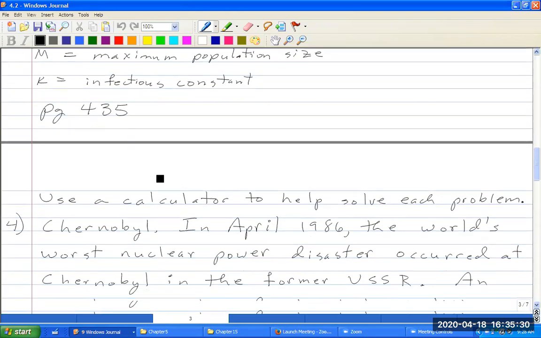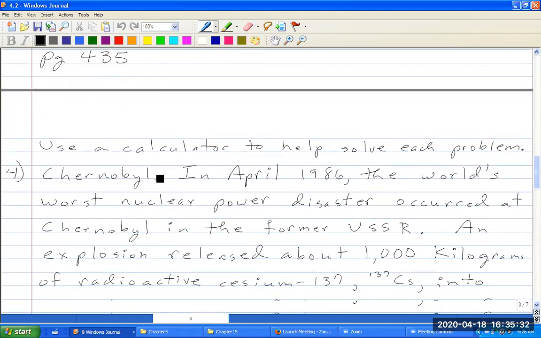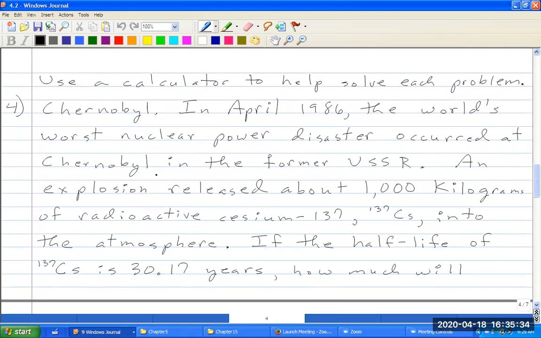On page 435, problem number 4. Use a calculator to help solve each problem. Okay, so Chernobyl. In April 1986, the world's worst nuclear power disaster occurred at Chernobyl in the former USSR.